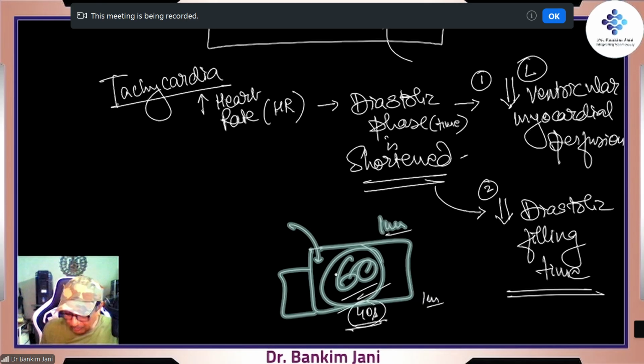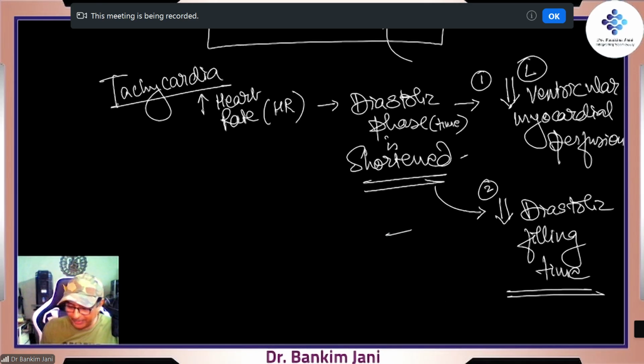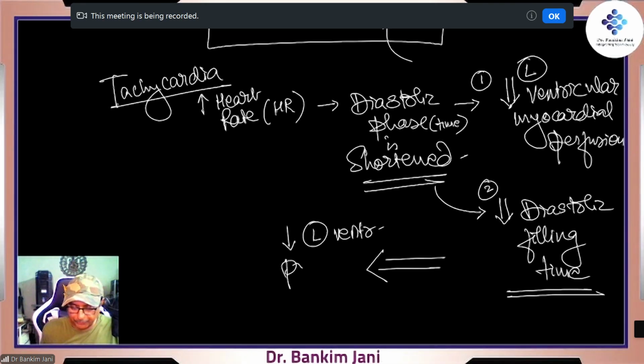So now adding one technical term. Decreased filling time, decreased ventricular myocardial perfusion. So in a nutshell, what we are writing is that there is decreased left ventricular perfusion, resulting in you not giving blood to such a hard working heart.